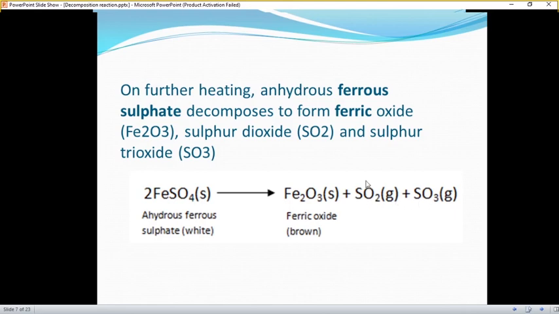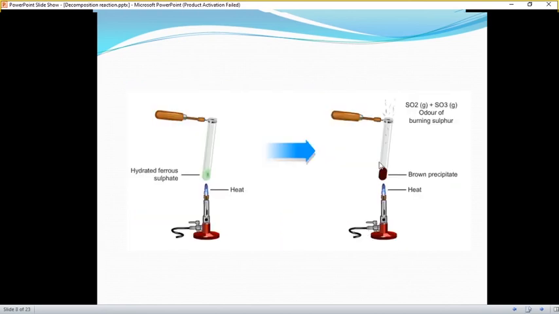Now there is a unique characteristic of these two gases, that is, we can smell the odour of burning sulfur. If you smell burning sulfur, you can conclude that oxides of sulfur are produced in the reaction. Here you can also see that the green color on heating changes to a brown precipitate.